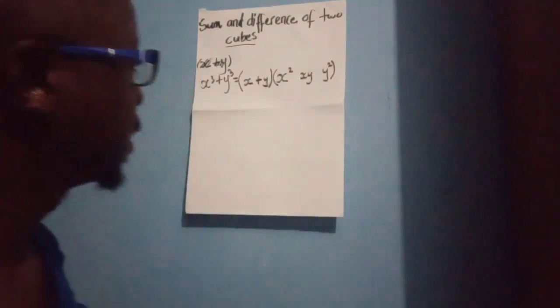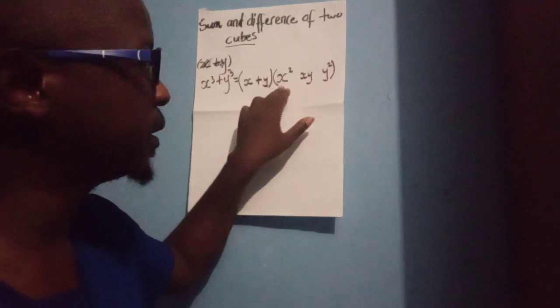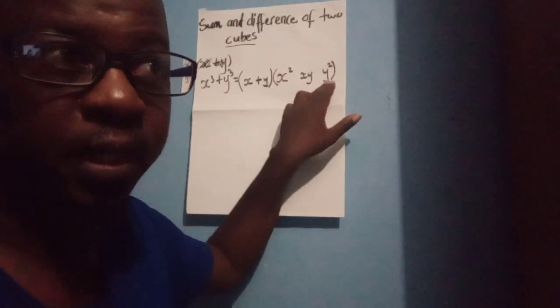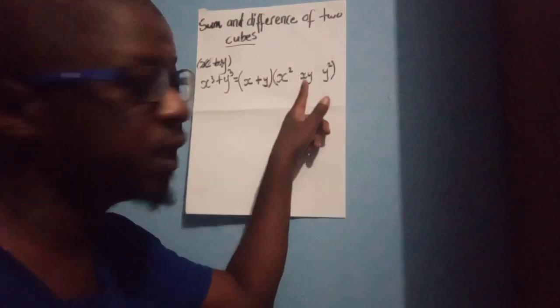So this is it. We're going to have x squared here, y squared there, and the mid term has to be x times y.